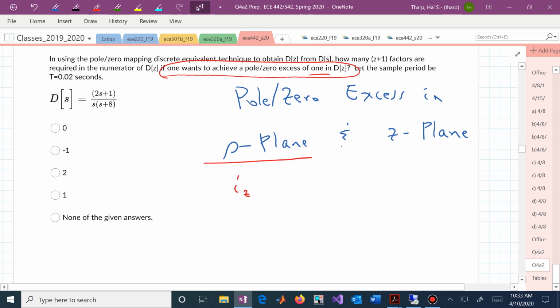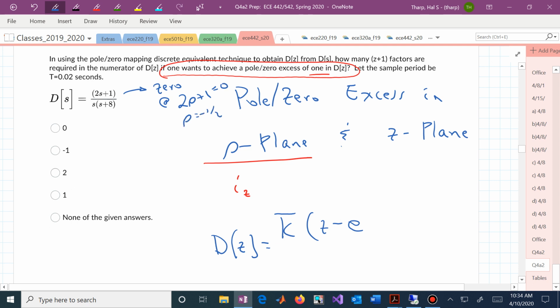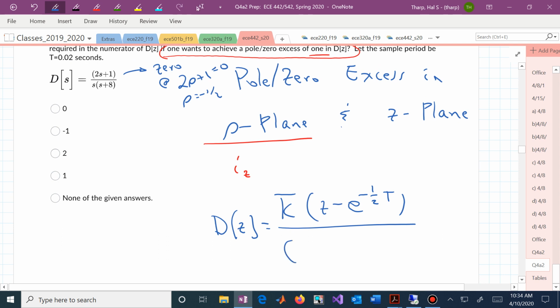Well, if we did the default for this class, this would now be some k bar over z minus e to the, and there's a 0 here at the value of s that causes that to vanish, and that's now minus 1/2. You didn't even have to do all of this, but now you have minus 1/2 T over, you have a pole at the origin in the S-plane, that maps to a pole at 1 in the Z-plane, and then you have this additional pole.